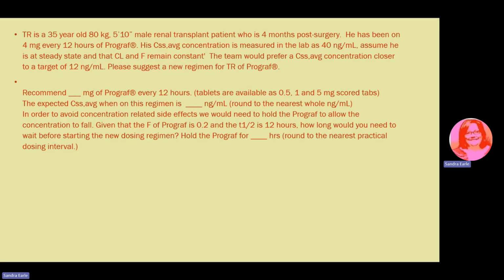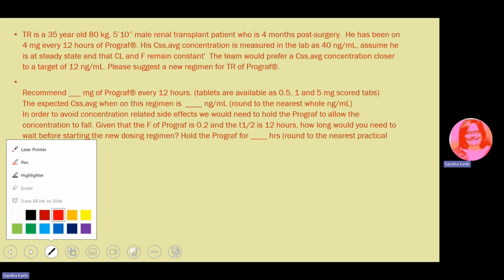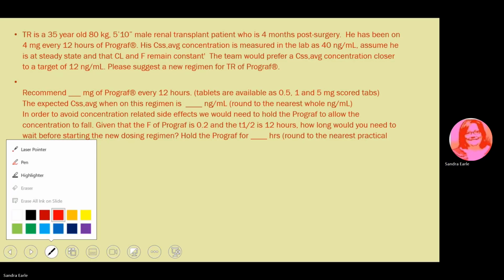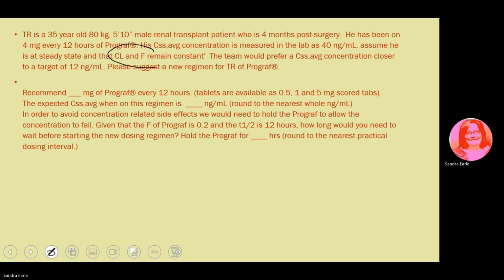Okay, so we're going to first figure out a new dosing regimen. If he is at steady state and we assume that clearance and bioavailability are remaining constant, then we can use our proportion, can't we, because CSS average and dose rate are going to be proportional.